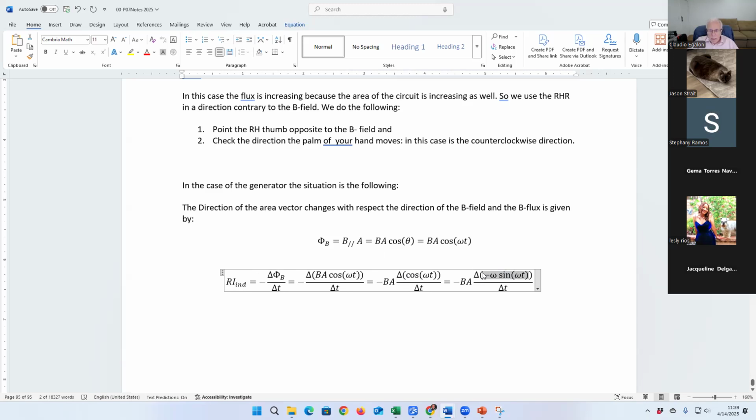That's what delta cosine omega t over delta t is, okay? And now let's continue here with this equation. This negative sign cancels out with this negative sign.